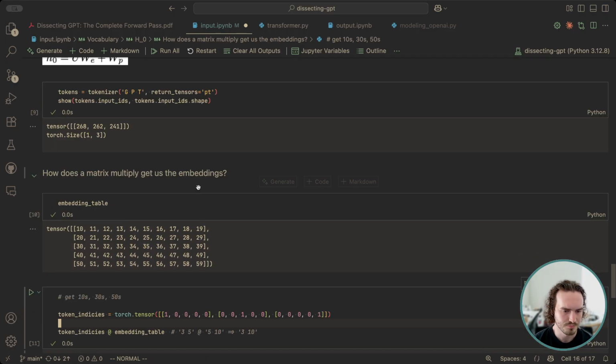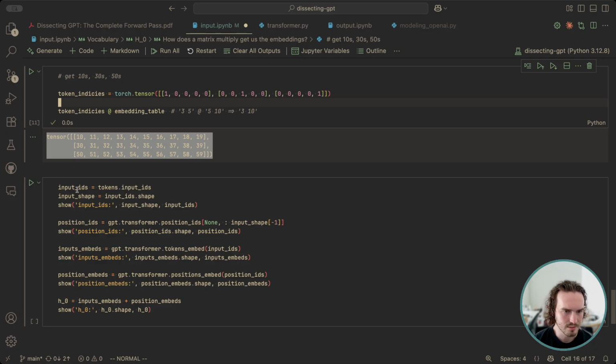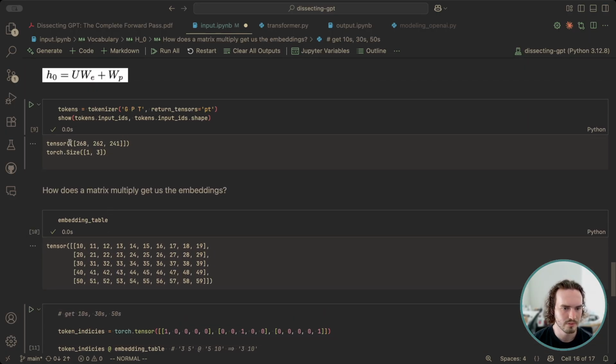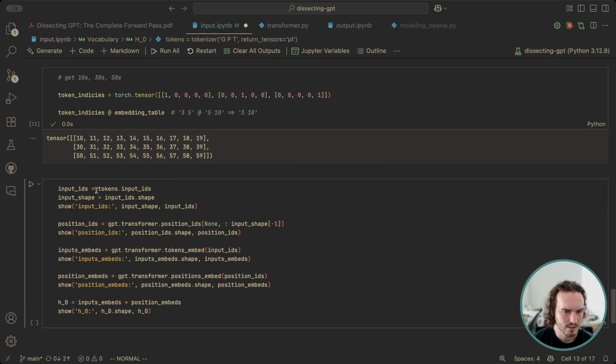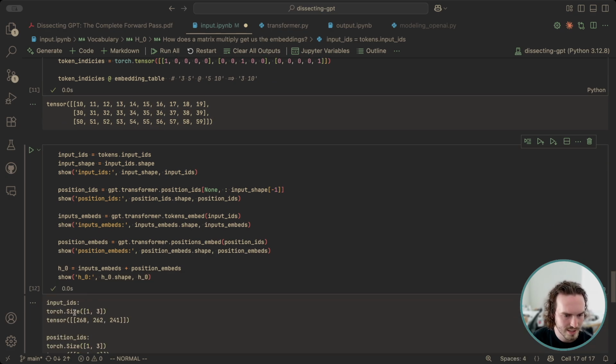So let's take a look, using the same tokens that we had up above and printing a bunch of different things here. Let's print this and then step through it. So our input IDs, we talked about this, the shape and then the values there.